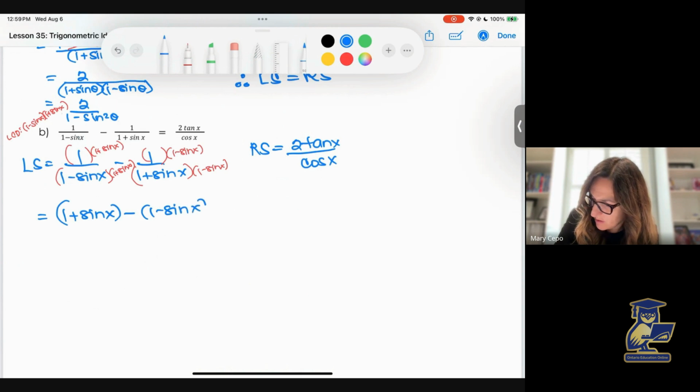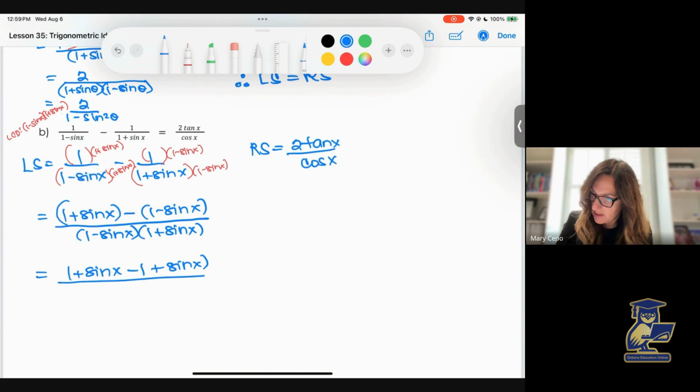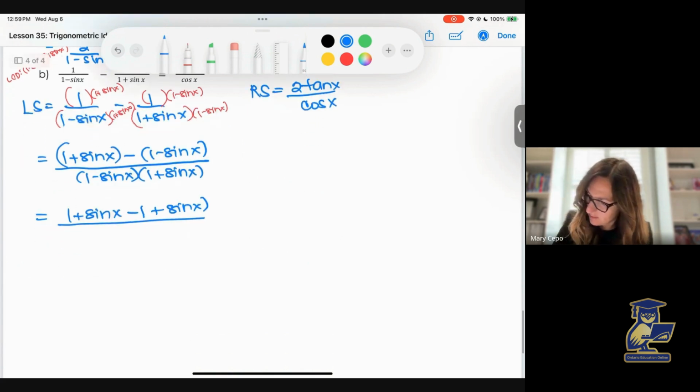So again, because we're subtracting these two fractions, we just want to make sure that we don't overlook distributing that negative. So this is going to change things. This becomes 1 plus sine of x minus 1 plus sine of x all over. Now, if we wanted to expand that, that would be the same thing as 1 minus sine squared x.